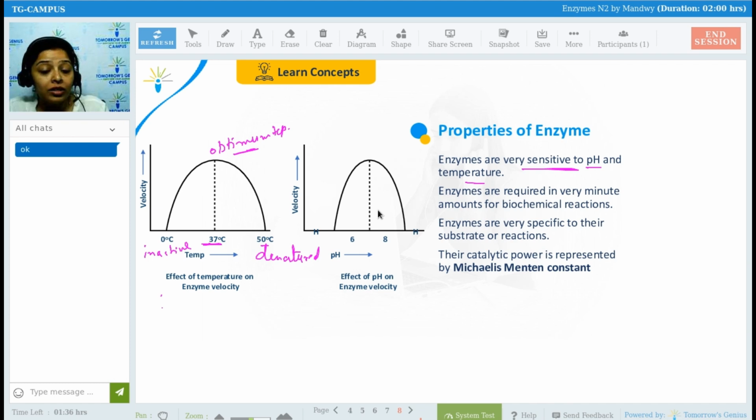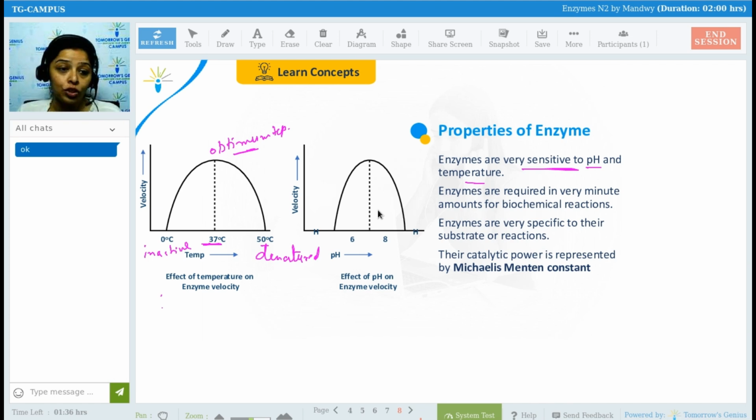After 60 degrees Celsius, once you regain the normal temperature of 37, that enzyme will not work because the enzyme has already lost the property. That is denaturation. Inactive means right now not performing, but once it gets the optimum temperature, it will perform. Clear? Yes, ma'am.